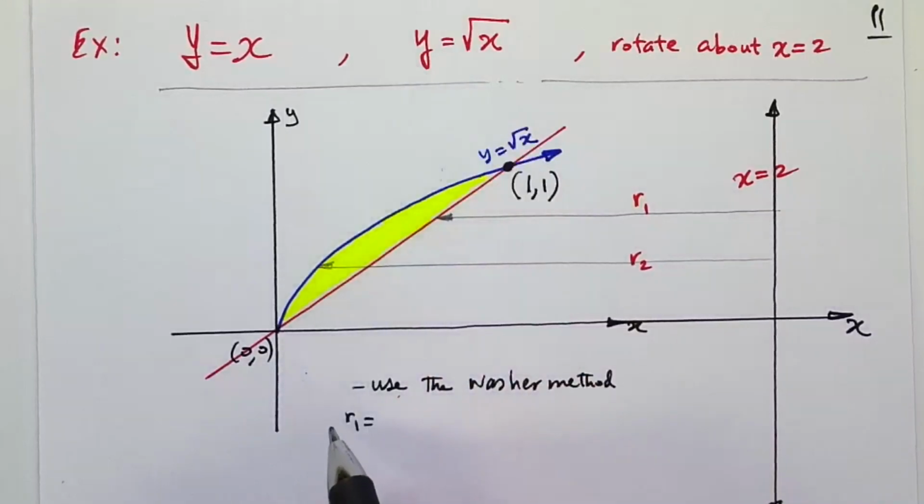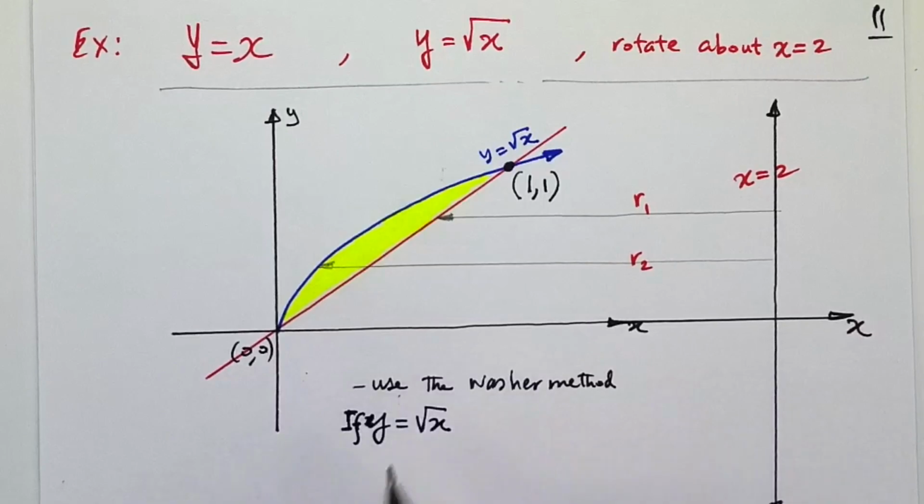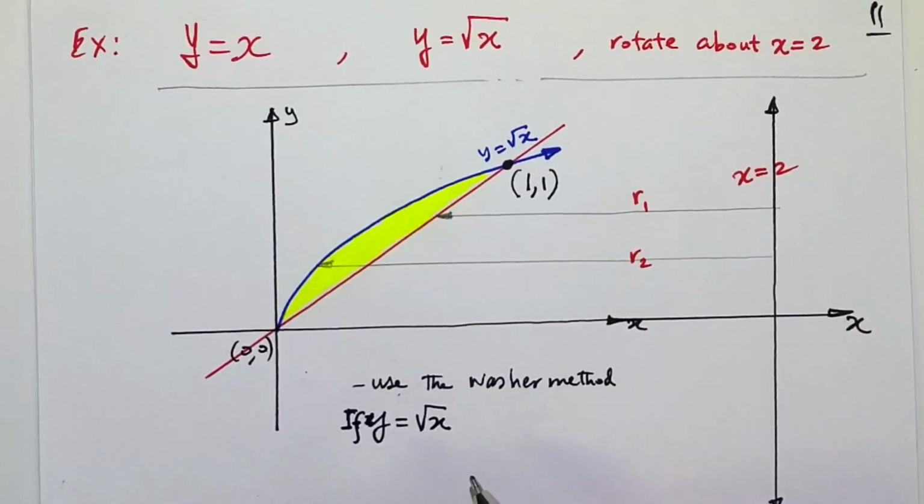So if we have y equals square root of x, I need to clean this up before posting it on Canvas. So I will do that. If y equals square root of x, then we have x, square both sides, so x equals y squared.